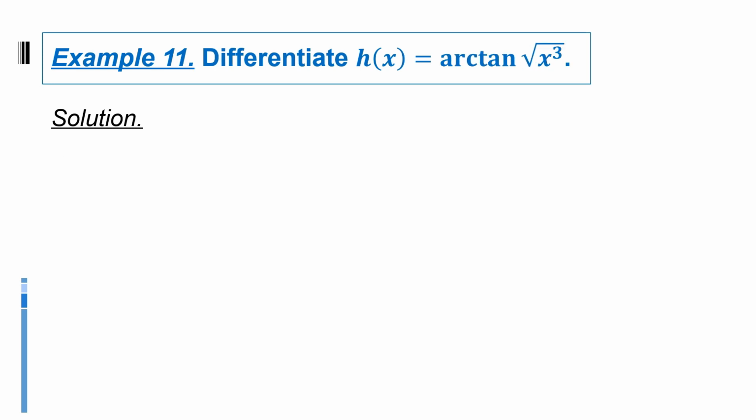And finally, differentiate h of x equals arctan of the square root of x cubed. Our u here is x raised to 3 halves. Okay? Kasi alam natin square root of x cubed equal lang yan kay x raised to 3 yung nasa taas, yung index yung nasa baba. So, 3 halves. Ang derivative niyan ngayon ay 3 halves times x raised to 1 half.